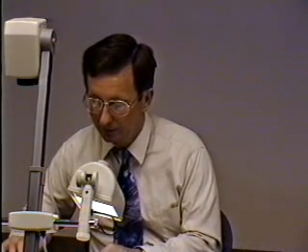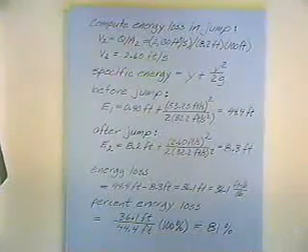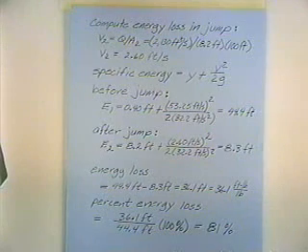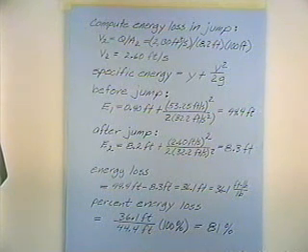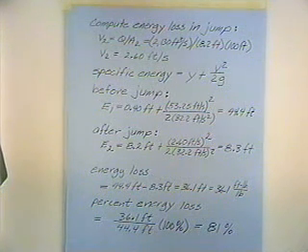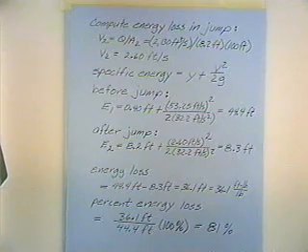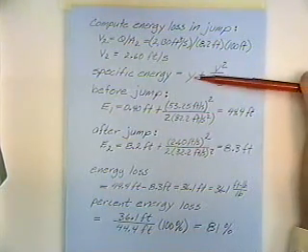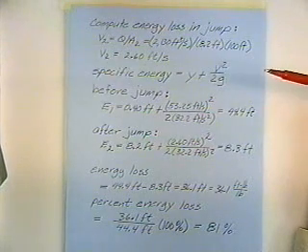Okay, to get the energy loss in the jump, instead of using an equation to estimate energy loss like Manning's equation, we'll just simply compute the energy upstream and compute the energy downstream. And we know everything we need to know to do that. The total energy, specific energy, will be the depth plus the velocity head.